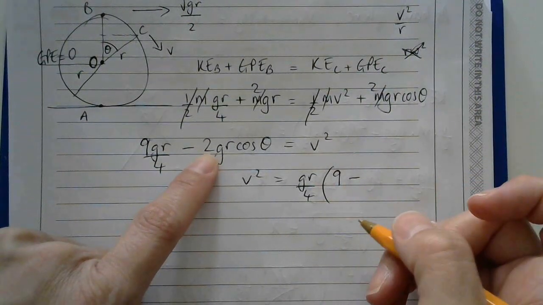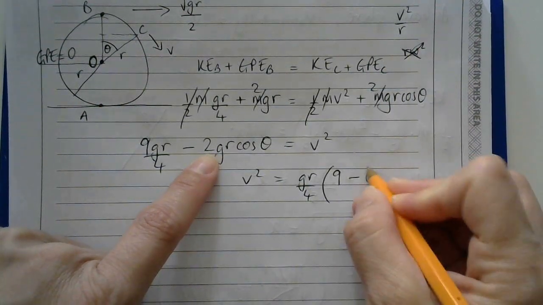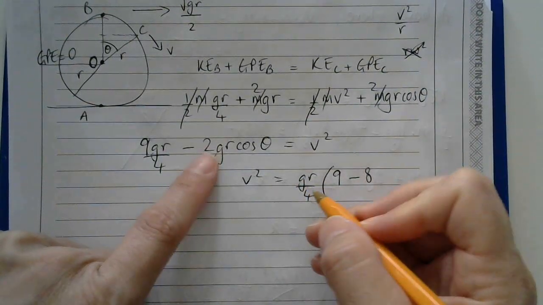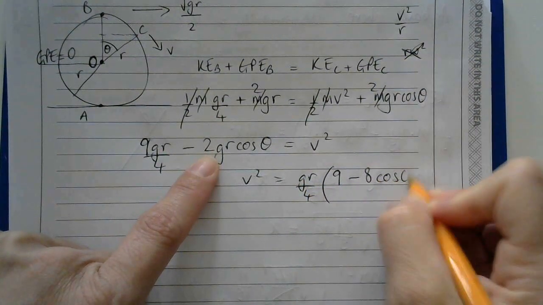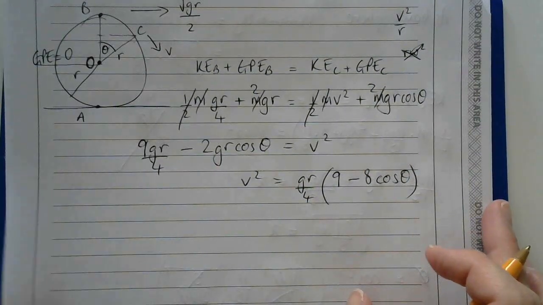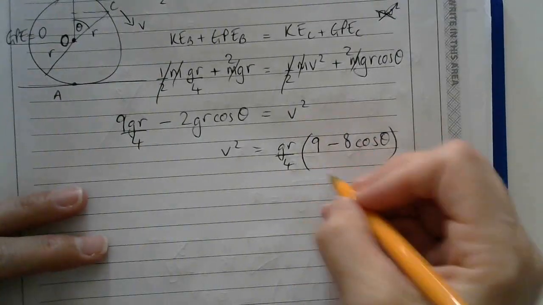This, I need to think how many quarters is this. 2 is 8 quarters, so there I would have 8. The g is there, the r is there, the 8 divided by 4 will make 2, and now I just need a cos theta. And that hopefully is the same as what they had. Yes, it is. So that's my first 4 marks.